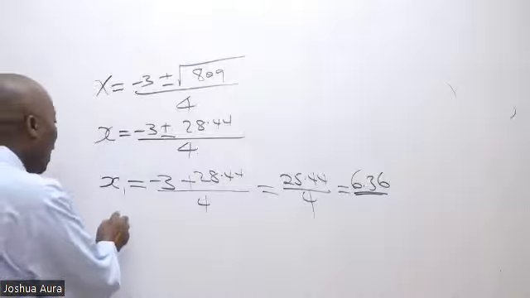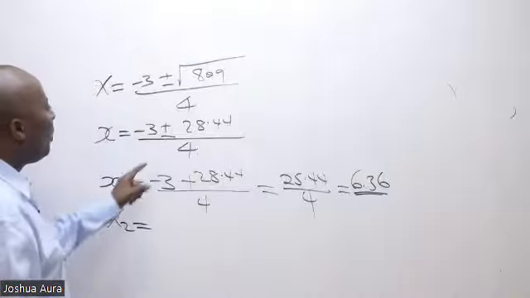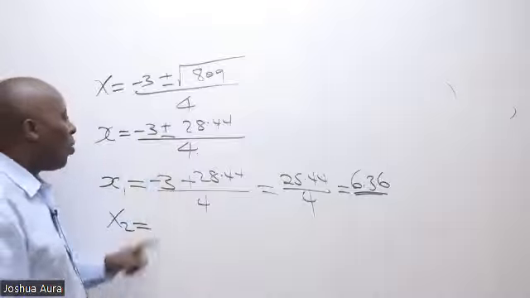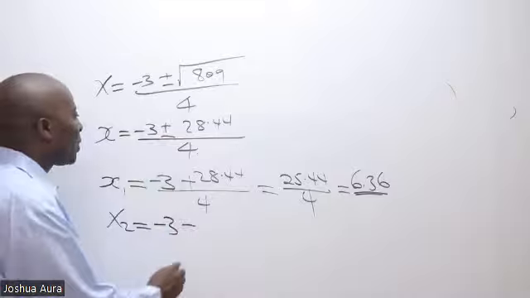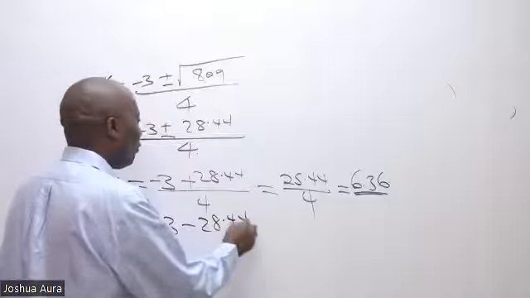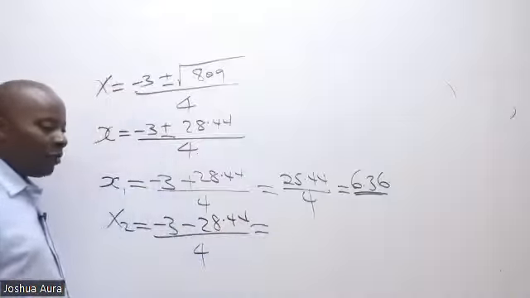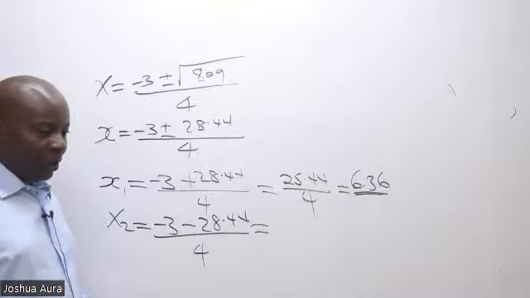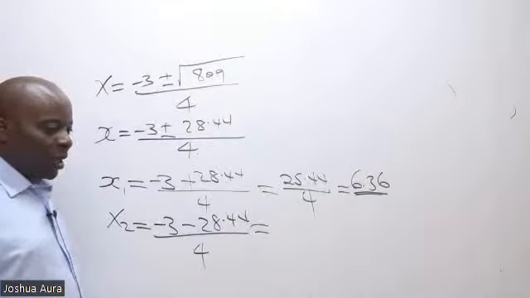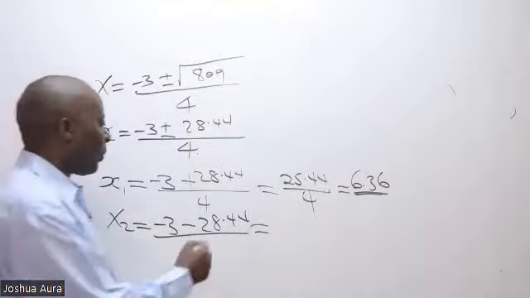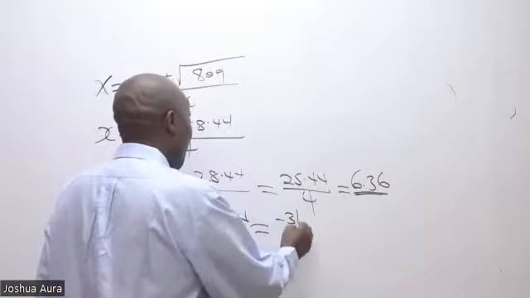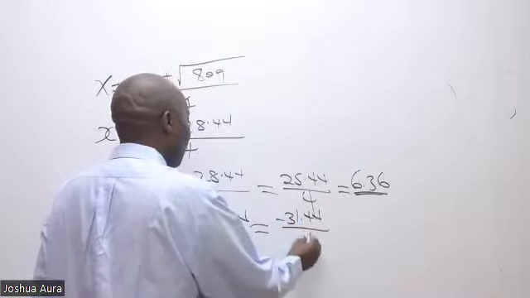And then the second value of x, when we have a minus sign alone, will be -3 minus 28.44 all over 4. -3 minus 28.44 is minus 31.44, all over 4.